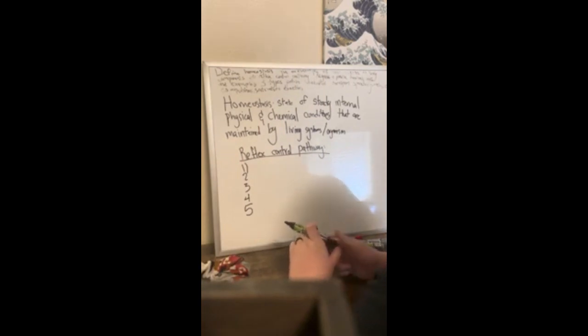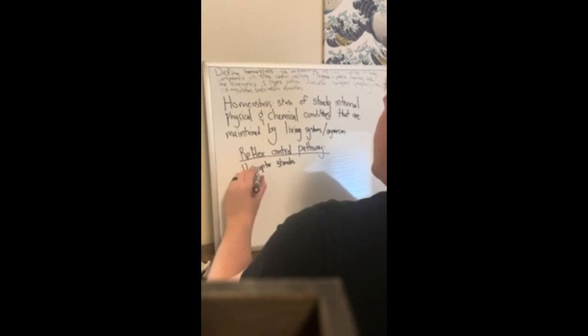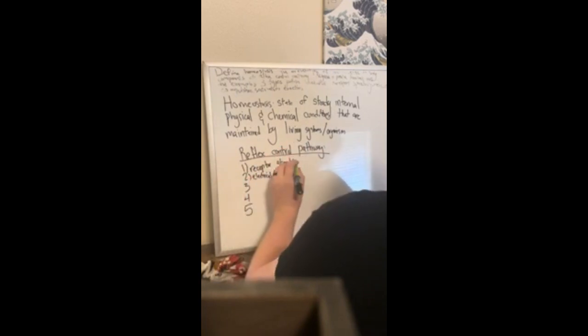The first one is that a receptor will receive a stimulus. This receptor will then send an electrical or chemical signal to the control center.